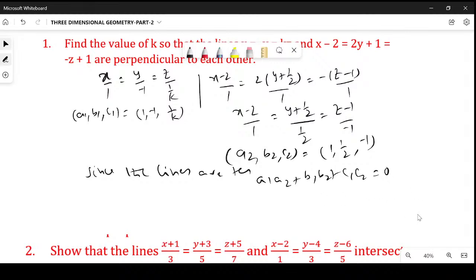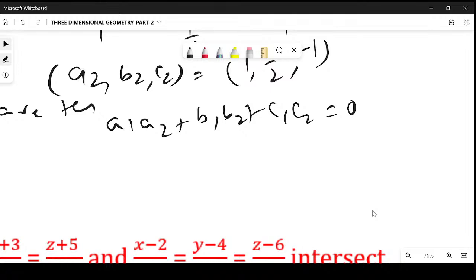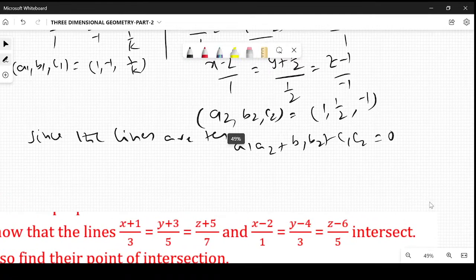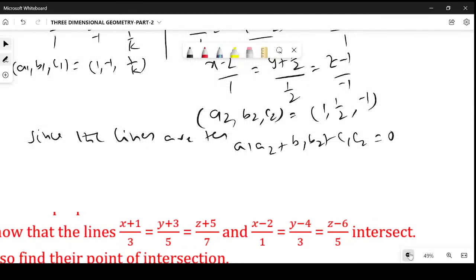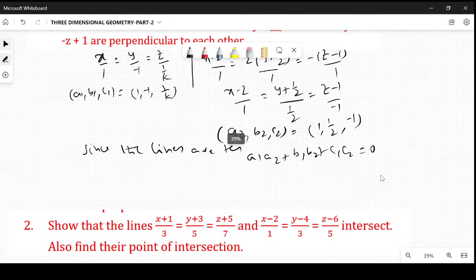If we use this condition, I can find the value of k.